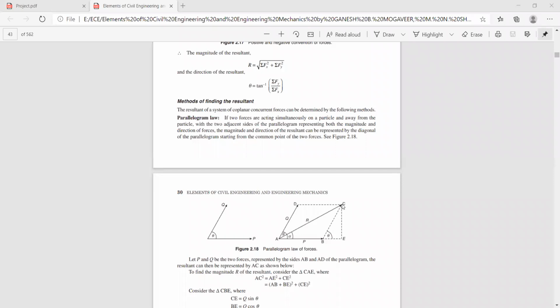Here AC square is equal to AE square plus CE square, where AE is nothing but AB plus BE, whole square, plus CE square.